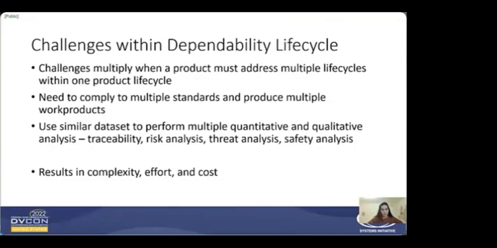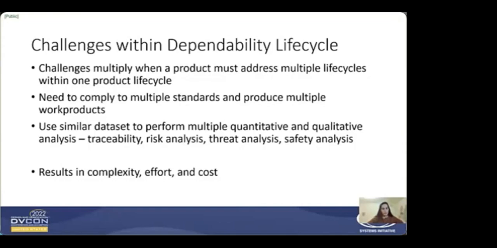And having this one, along with the next challenge: all of these different attributes use a similar data set to perform their quantitative as well as their qualitative analysis. When we talk about similar data sets, we know we have to perform safety analysis. We have risk analysis. We have threat analysis.